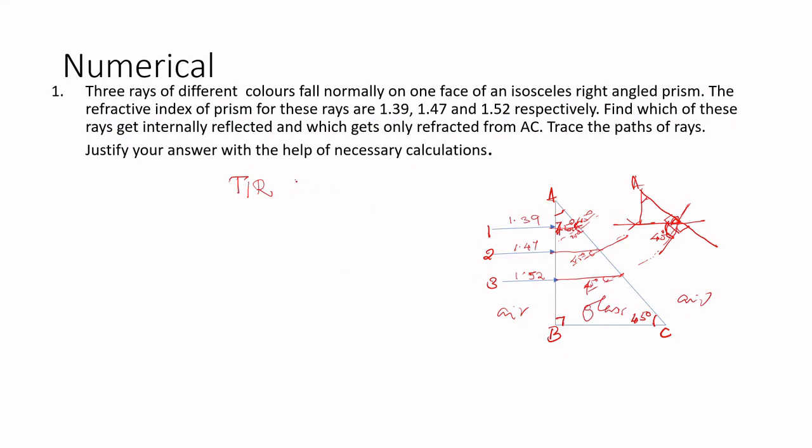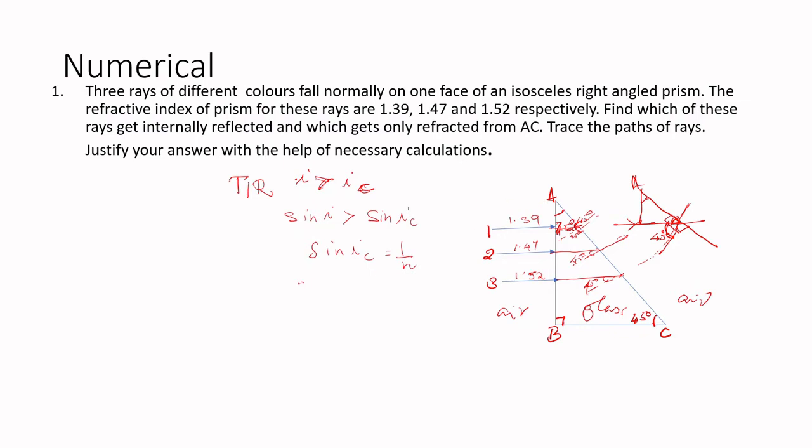Then the other condition is that I must be greater than IC, the angle of incidence must be greater than the critical angle. So sin I is greater than sin IC. What is sin IC? According to the total internal reflection principle, sin IC is 1 by n.